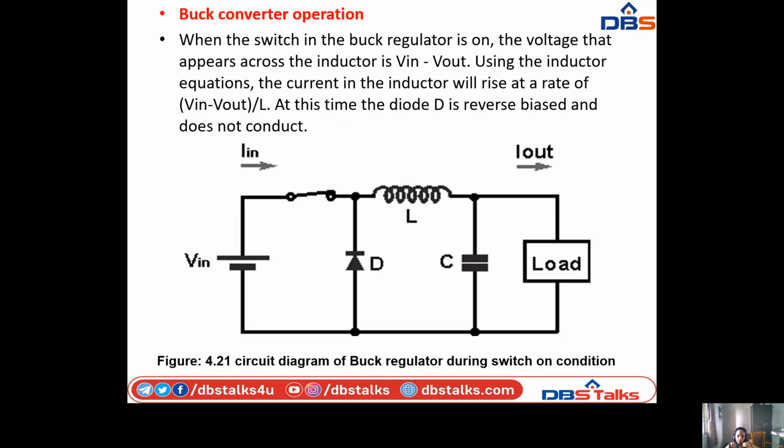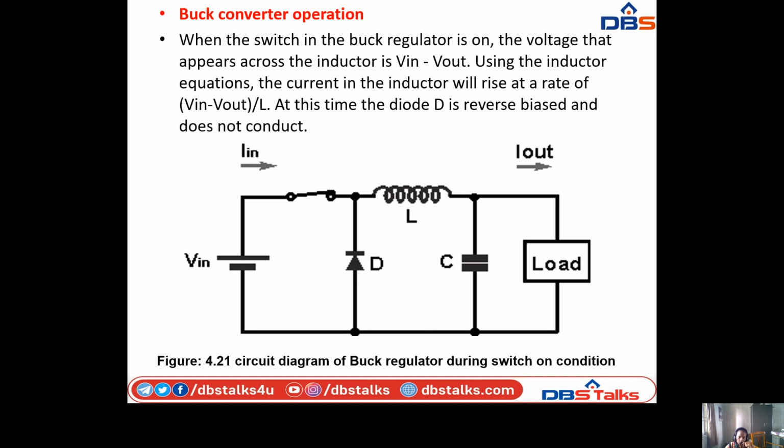Here you can see the buck converter operation. This is the circuit diagram of the buck converter during the switching on condition. When the switch is on, the voltage appearing across the inductor is Vin minus Vout.